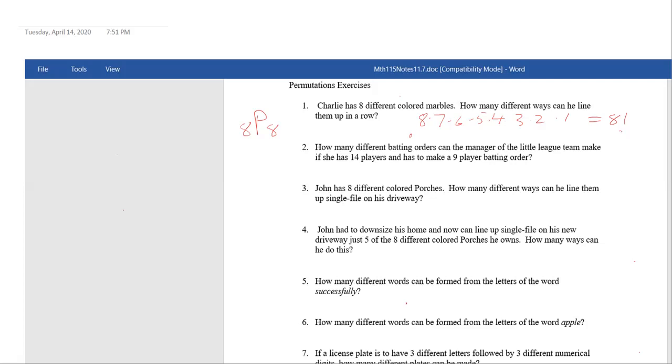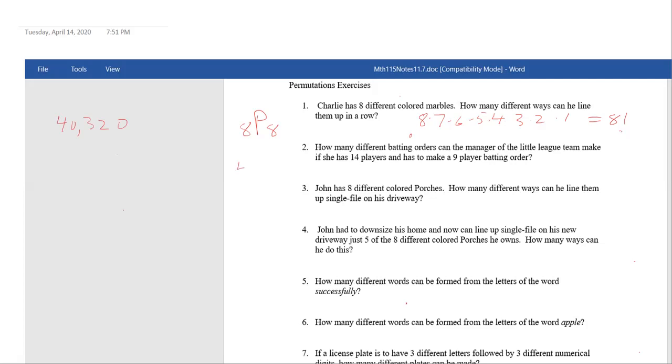Let's see. I got 40320 like that. Okay. How many different batting orders can a manager of a Little League team make if she has 14 players and has to make a 9-player batting order? Well, there you are again.